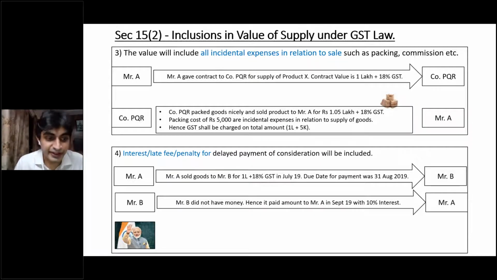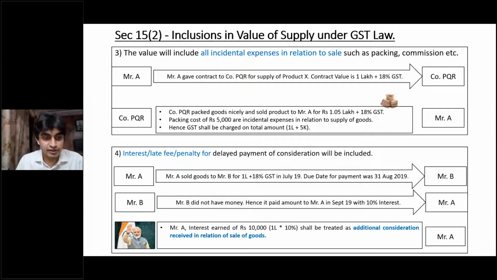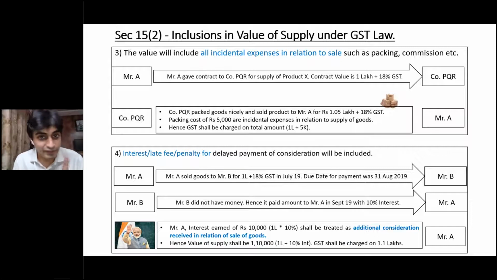See this. Again, government came. Mr. A, wait. Interest जो आपने earn किया 10,000 में, it shall be treated as what? Additional consideration received in relation to sale of goods. यानी you have sold the goods. That's why you are receiving 1 lakh. That's why additional 10,000 interest you are earning because it's in relation to sale of goods. So GST सिर्फ 1 lakh पे नहीं आएगा. You have to charge GST on how much? 1,10,000 rupees.